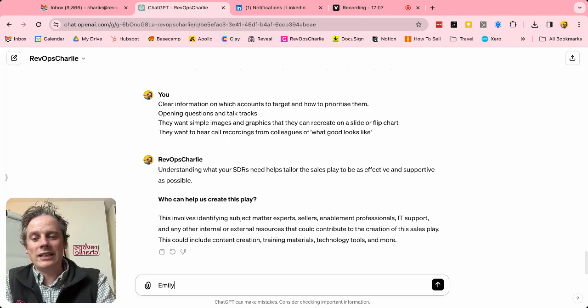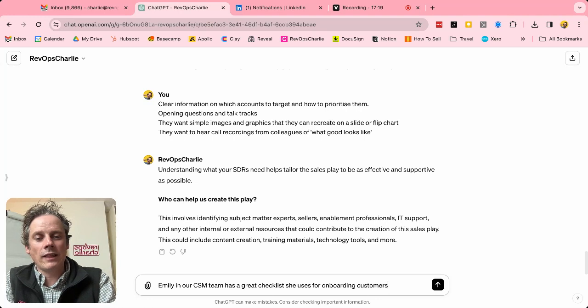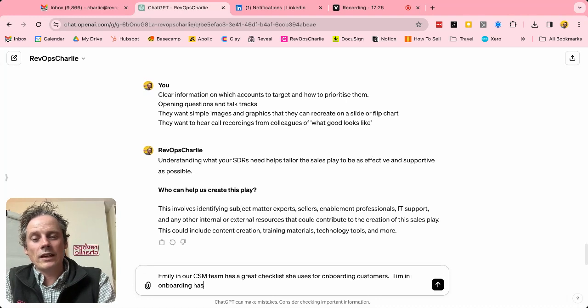So Emily in our CSM team has a great checklist she uses for onboarding customers. Tim in onboarding has a roles and responsibilities document to help customers with their project planning.